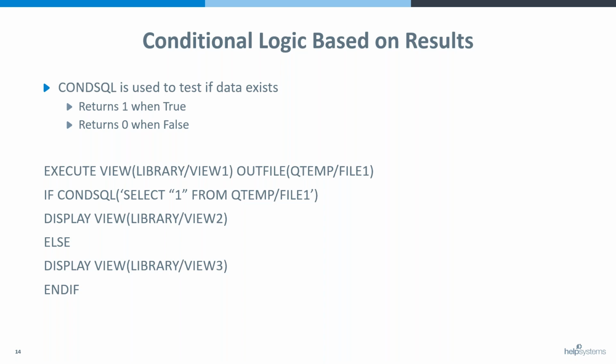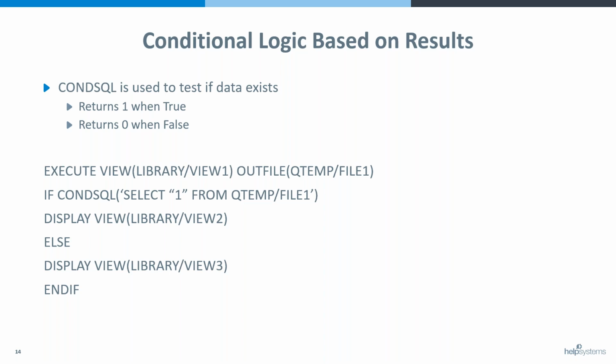And so then I start my conditional logic, and I say, if the condition SQL selects a 1 from my file in QTemp, well, then I'm going to display view 2. And then I have my else, which means, okay, if that condition SQL wasn't true, then I'm going to display view 3.